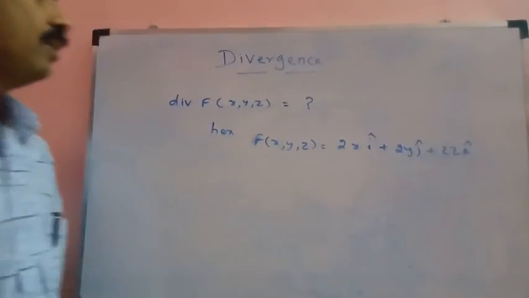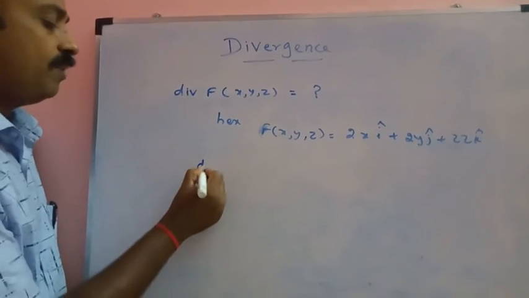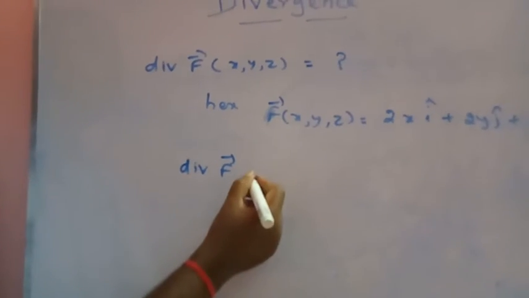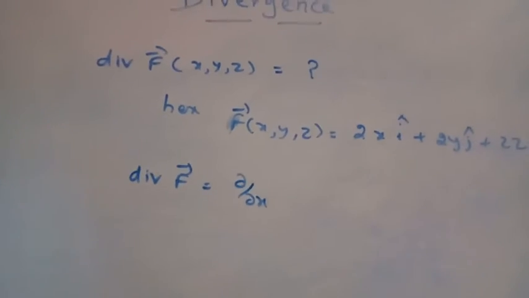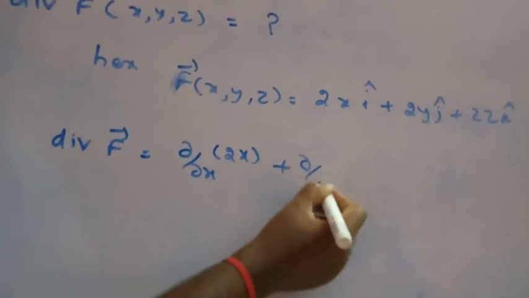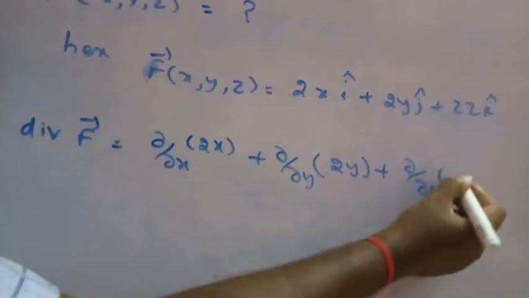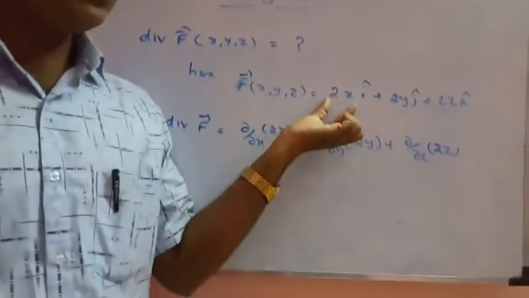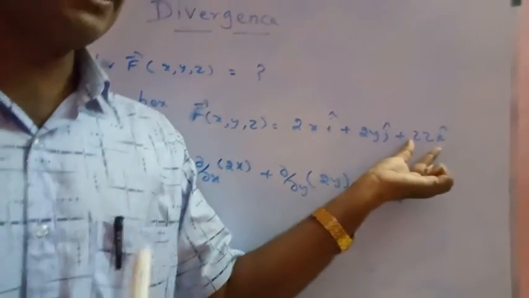This is the function whose divergence we are going to find. Now the divergence of the field vector f is, as we already know, dou by dou x of this 2x plus dou by dou y of this 2y plus dou by dou z of 2z. So this 2x is taken as p, 2y is taken as q, and 2z is taken as r.